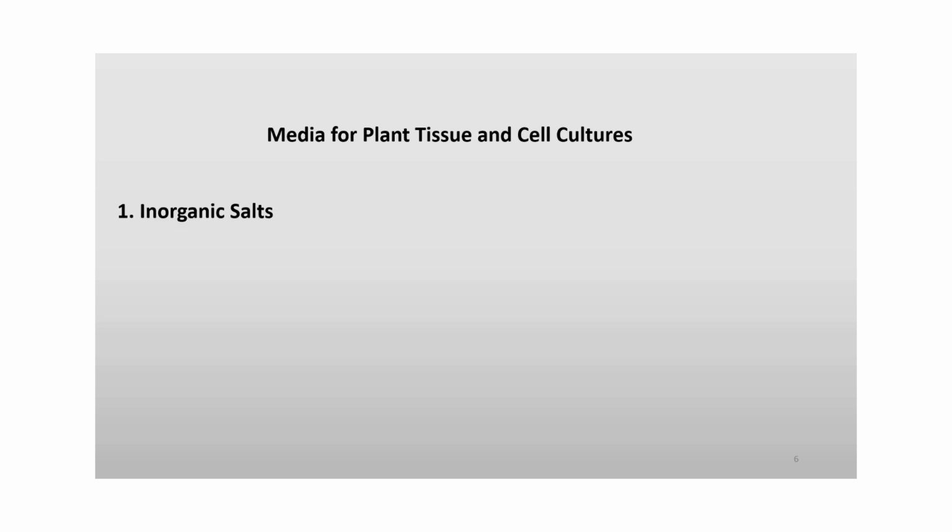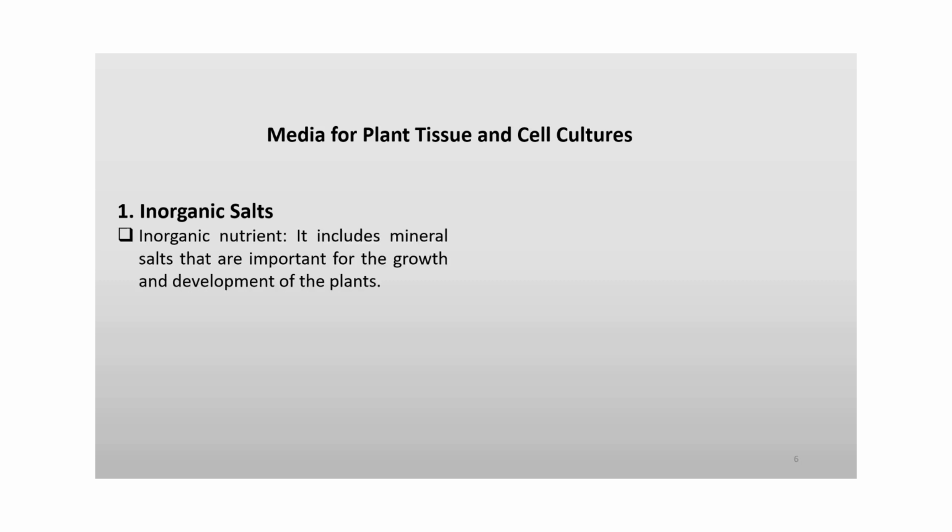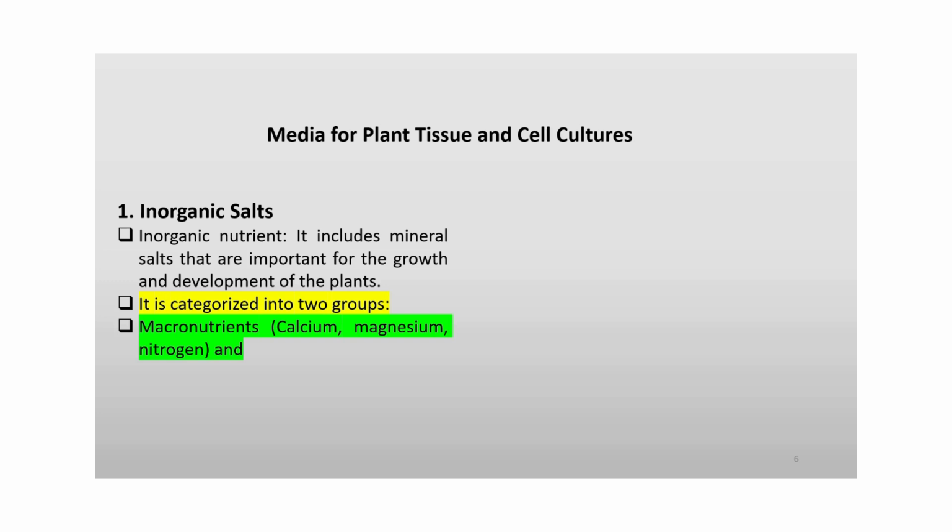First, the inorganic salts. Inorganic nutrients include mineral salts that are important for the growth and development of plants. They are categorized into 2 groups. Macronutrients are calcium, magnesium, nitrogen, and micronutrients are copper, iron, and zinc.